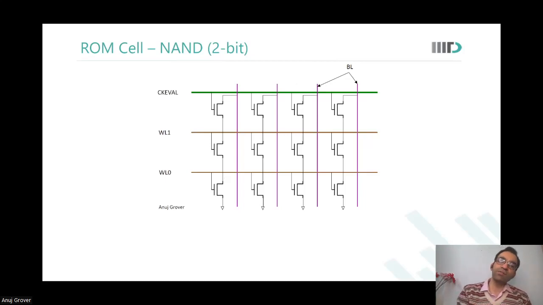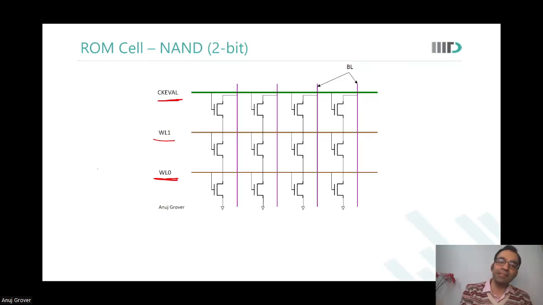Now over here, we connect word lines. So we make a NAND kind of a structure. The topmost NMOS gets a clock, and the lower NMOSes get word lines. Now, suppose I want to read word line 0.